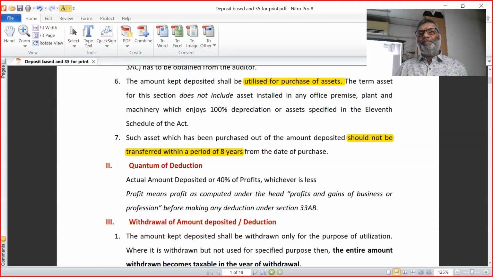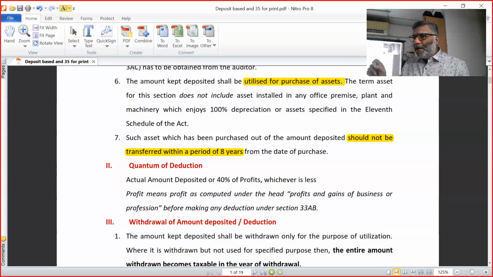Now the next thing to answer is, can I withdraw the amount only for the specified purpose? If you withdraw it for some other purpose, then in the year of withdrawal, it becomes taxable. You deposited, I gave you deduction with the belief that you are going to buy an asset.